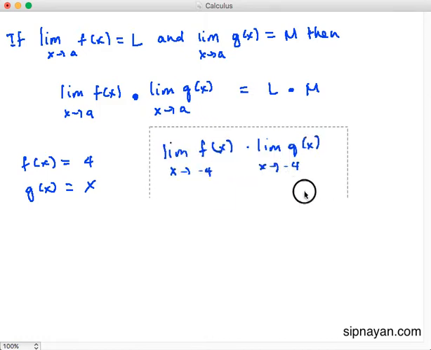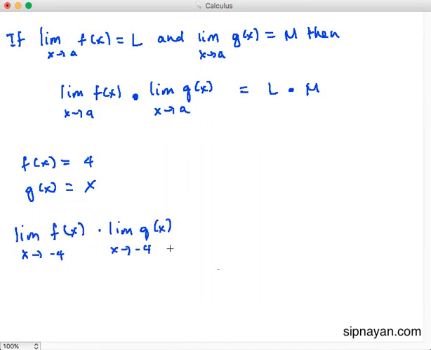So ano pala mangyayari dito? So we know that f of x is equal to 4. So the limit of 4 as x approaches negative 4 times the limit of x as x approaches negative 4.